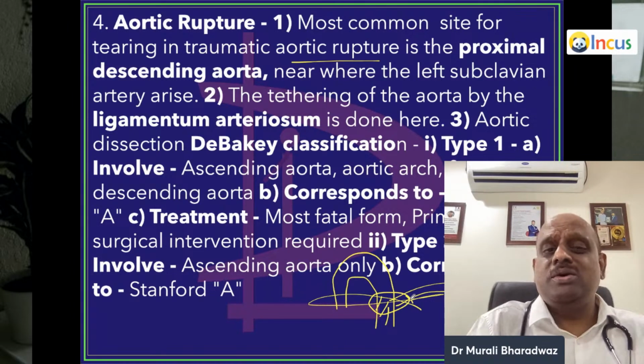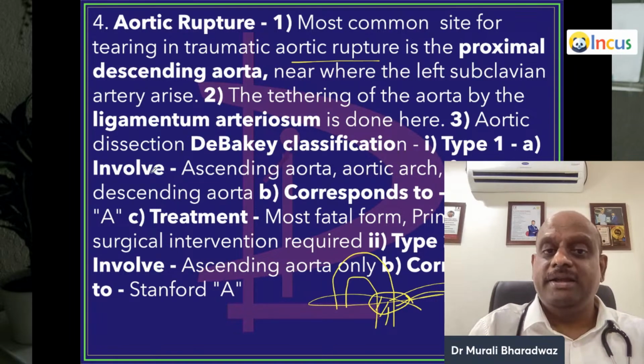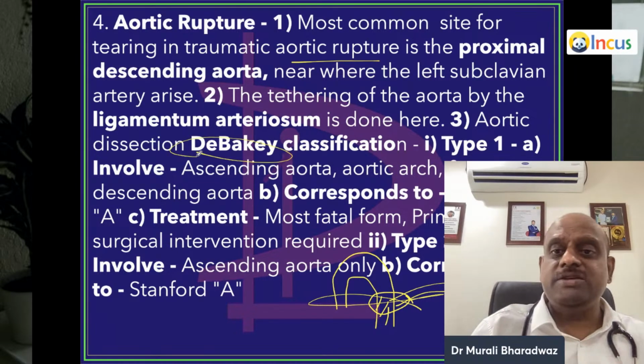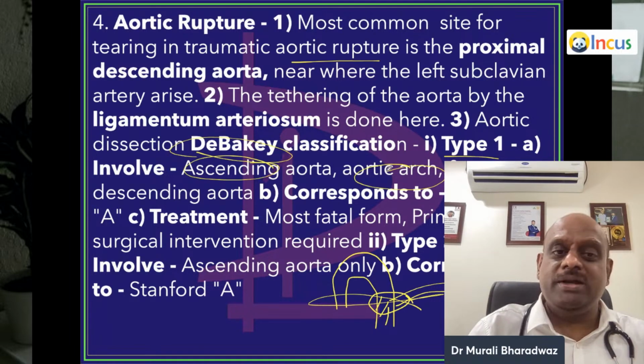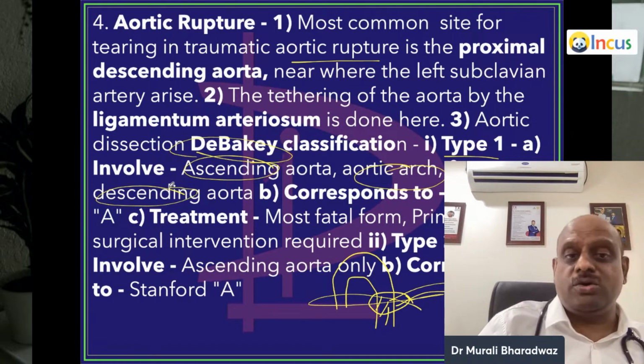So how do you classify aortic dissection? DeBakey has given a classification where if it is type 1, it involves ascending aorta, arch of aorta, and descending aorta. There is another classification called Stanford.